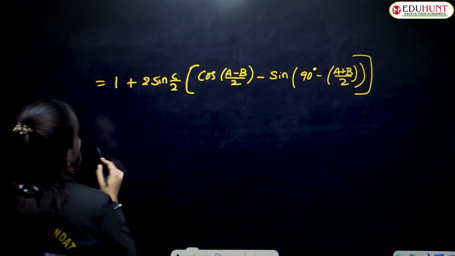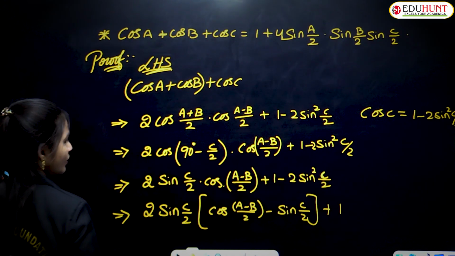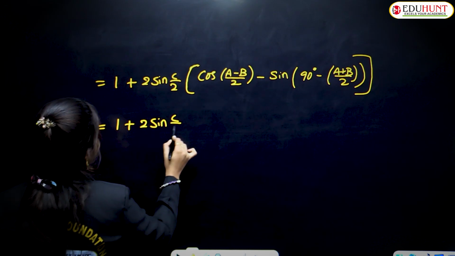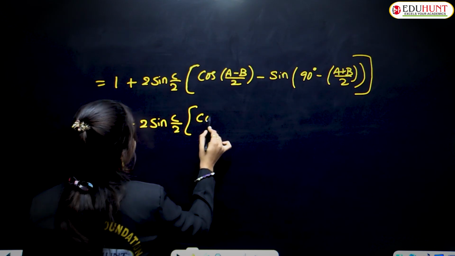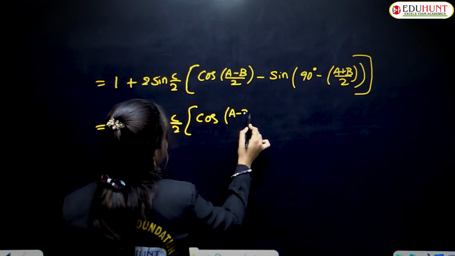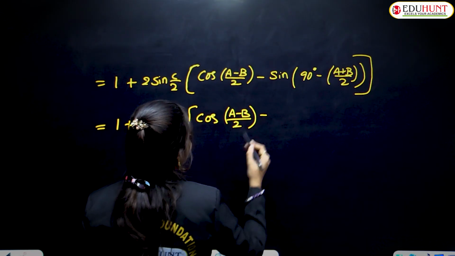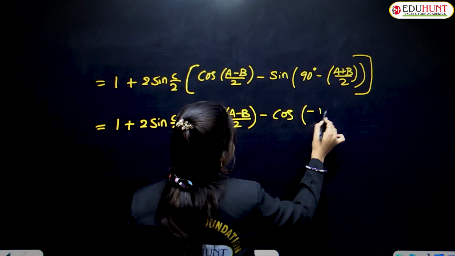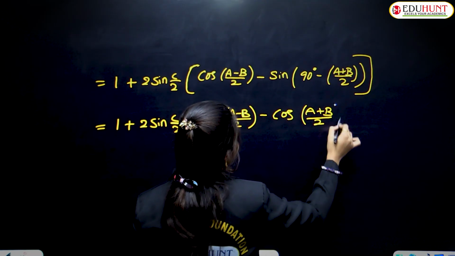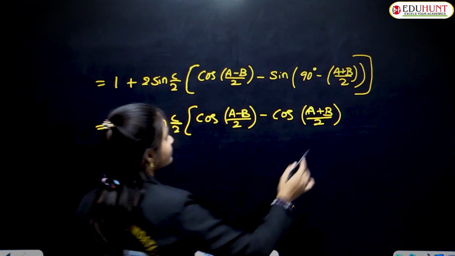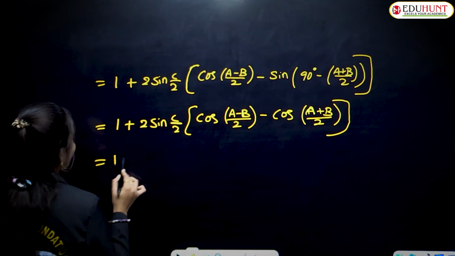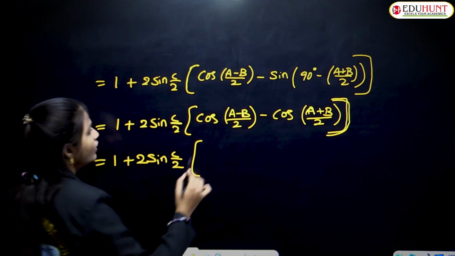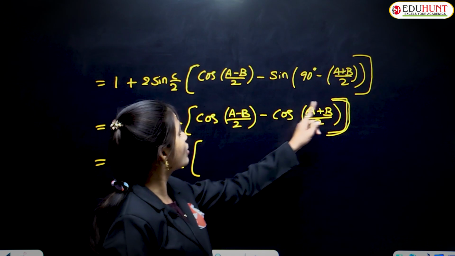Okay, so which is equal to 1 plus 2 sin c by 2 into here cos of a minus b by 2 minus here 90 minus theta, so cos of a plus b by 2. Understand? So here 1 plus 2 sin c by 2 into cos of a minus b minus cos of a plus b.